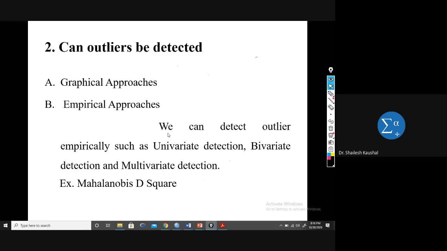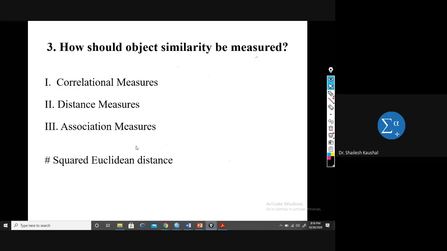We detect outliers through the Mahalanobis D square; through this particular formula of Mahalanobis D square, we can identify the outliers. Okay, then how should the similarity of objects be measured? Objects means we club buyers of the same nature into one.